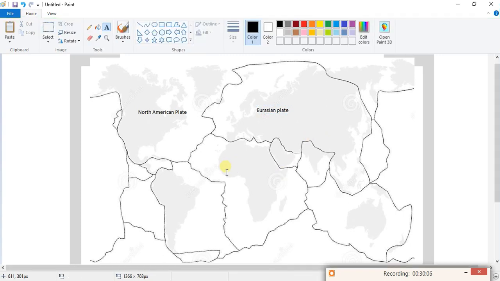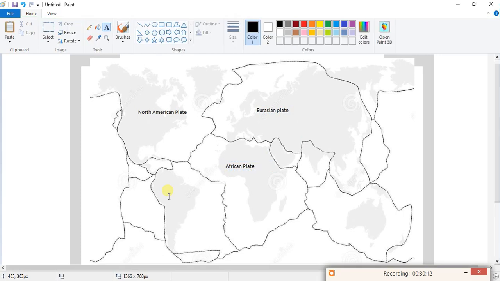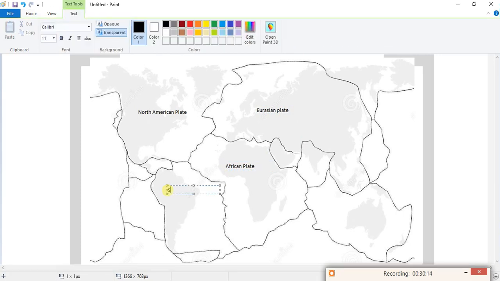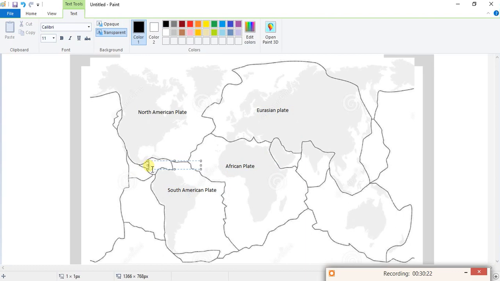I'm going to jump backwards and come back to the South American plate. Right here, this might be kind of small in yours, so you might want to either write small or write it somewhere out here and then use an arrow to show that this is a different plate.